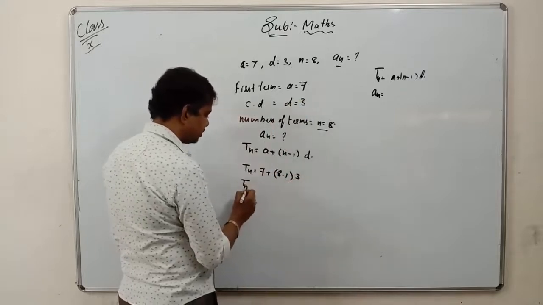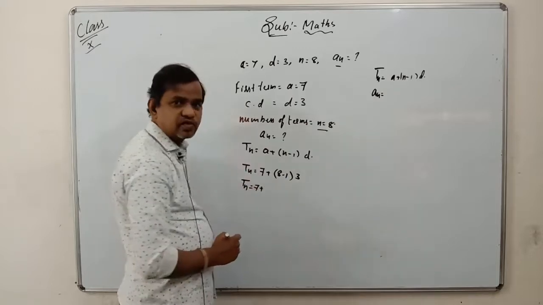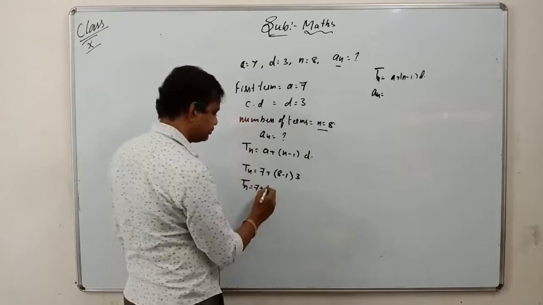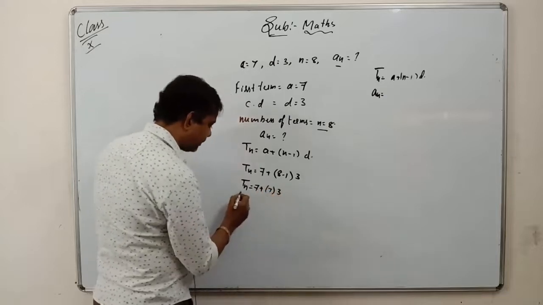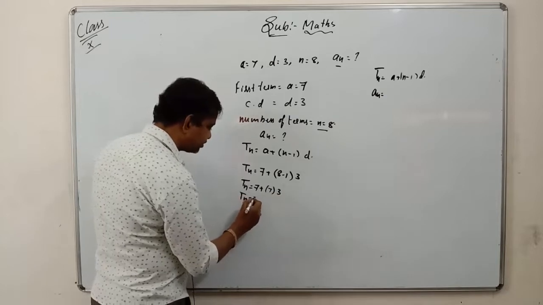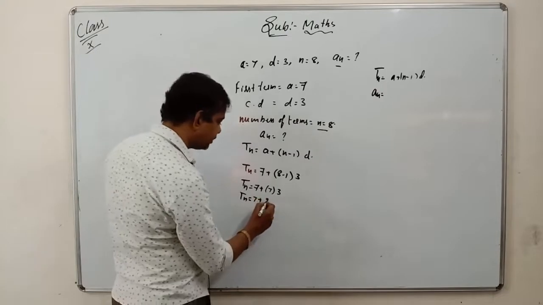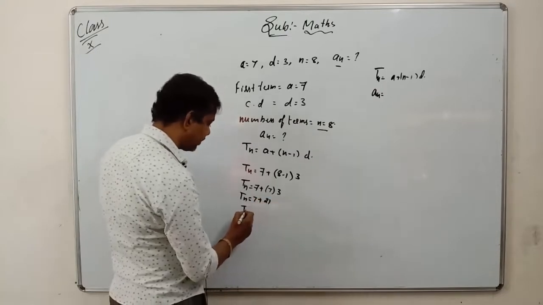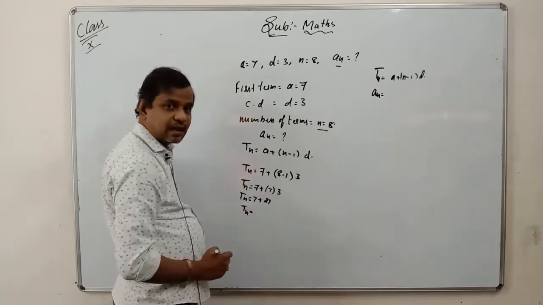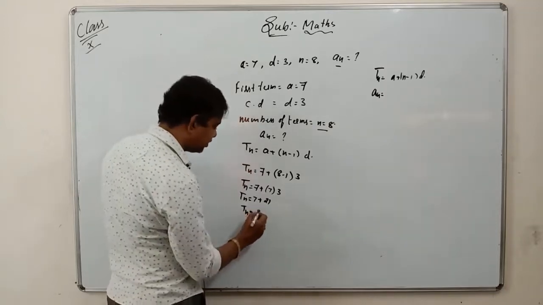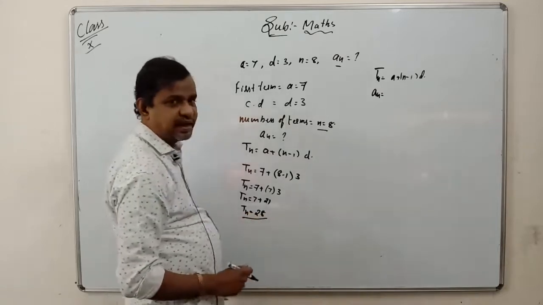So Tn equals 7 plus (8 minus 1) is 7, times 3. So Tn equals 7 plus 21. So Tn equals 21 plus 7, which is 28. So Tn equals 28.